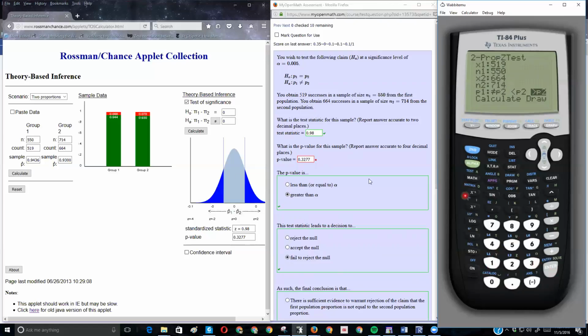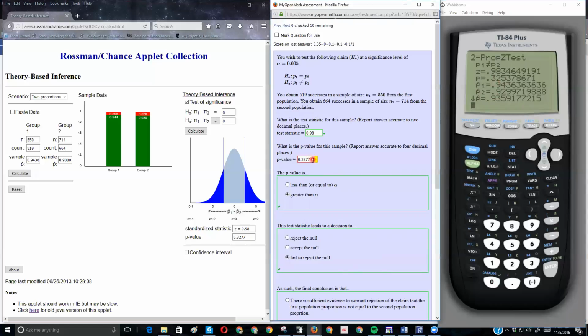Does that agree with what I had in the Rossman Chance? 664, 714, 519, 550. I'm doing a two-tailed test. Let's calculate it. This says my p-value is 0.325.